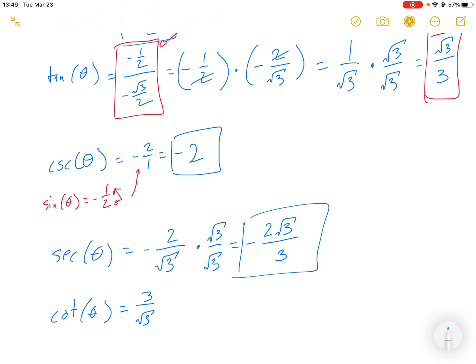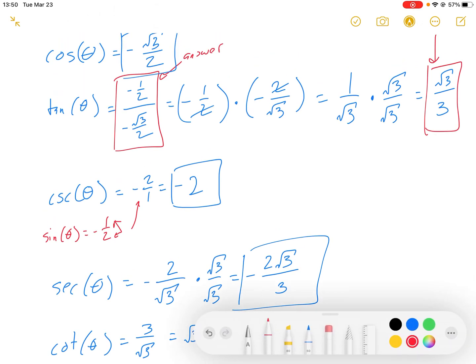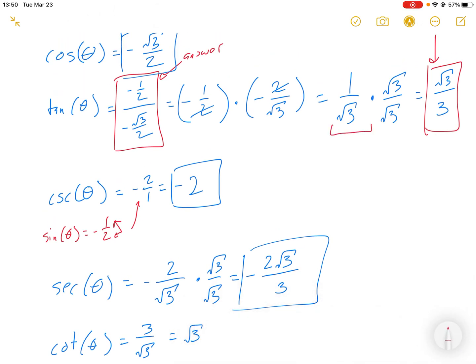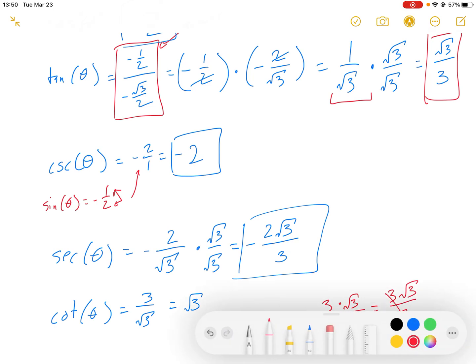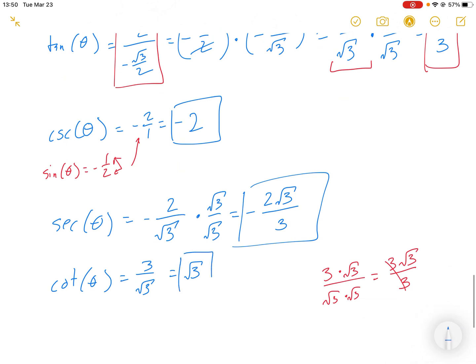Well, this actually simplifies because 3 divided by the square root of 3 is really just the square root of 3 over 1. Couple ways you can think about this. First of all, notice that up here, if I took the reciprocal of that, it would just be the square root of 3 over 1. You could rationalize the denominator again. So you end up with 3 rad 3 over a regular 1, so you could cancel those out. But either way, you do end up with a regular square root of 3. And that would be my final answer.